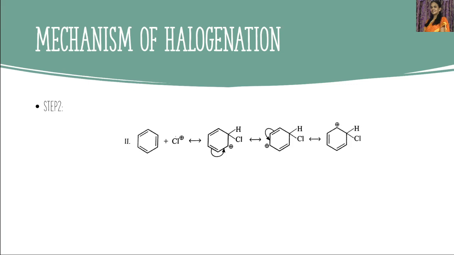Thus we get 2 other resonance structures, and all these resonance structures give stability to this particular ion. This is a non-aromatic carbonium ion, which is called a sigma complex. In step 2, a sigma complex is produced when the electrophile chloronium ion forms a bond with one of the carbon atoms of the benzene ring.